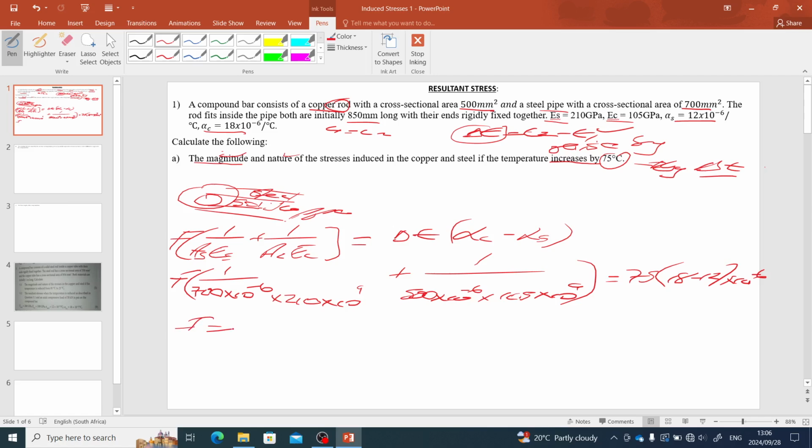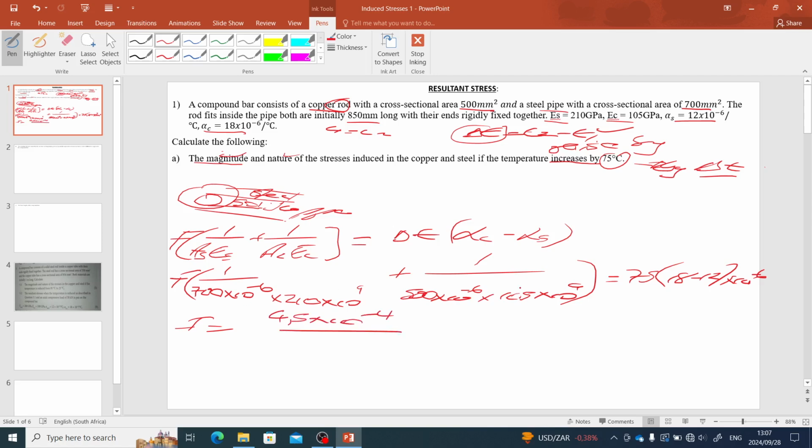Therefore, the force would be, now when we subtract 12 from 18, we get 6, so 6 times 10 to the power negative 6 multiplied by 75. Then I got my answer as 4.5 times 10 to the power negative 4.